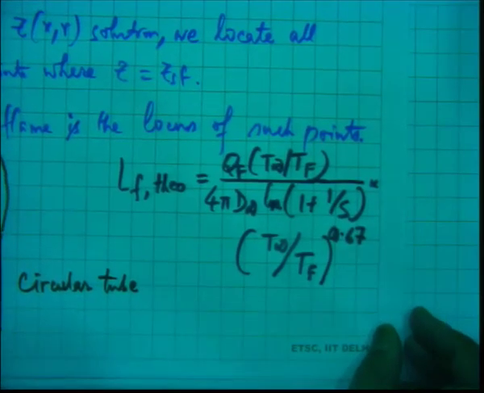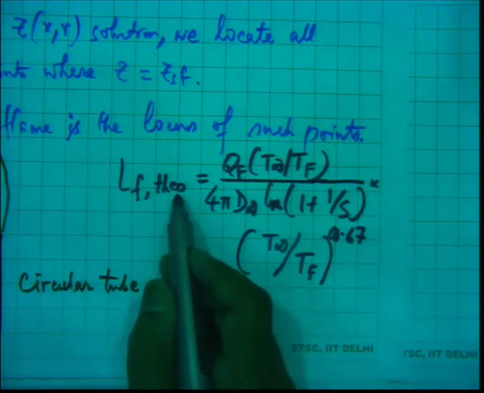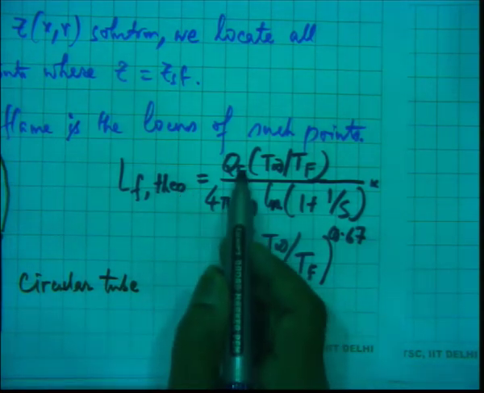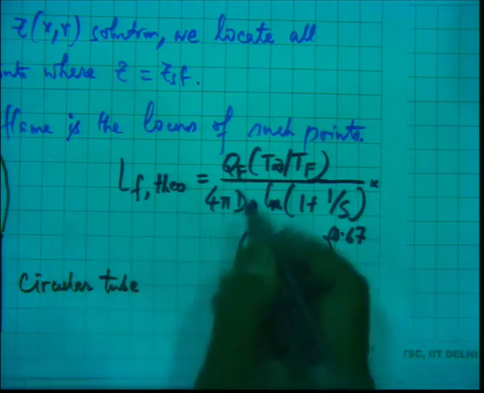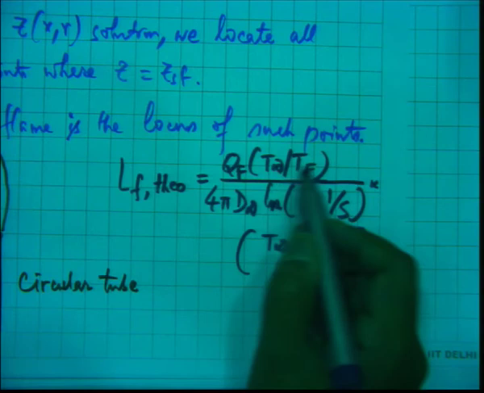So, L_F, this is theoretical, which is Q_F, that is the flow rate through the tube, multiplied by T infinity by T_F.